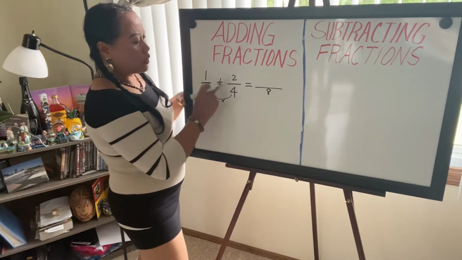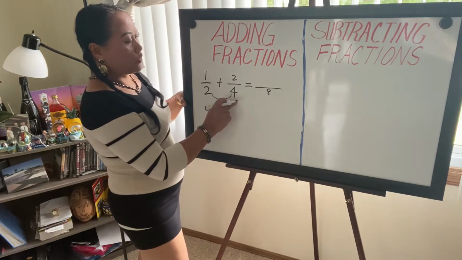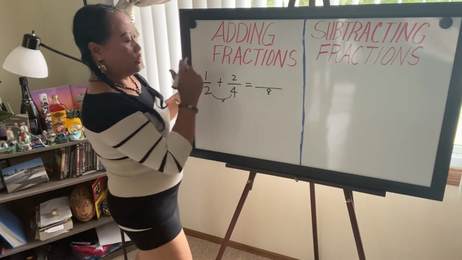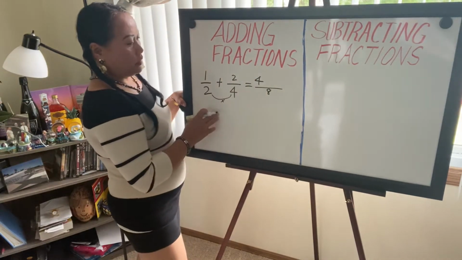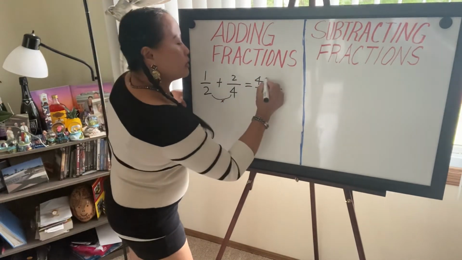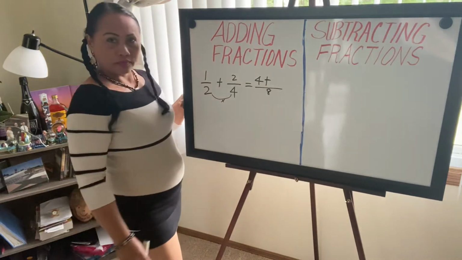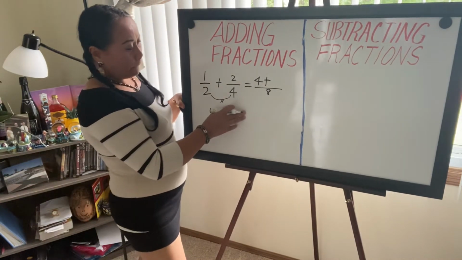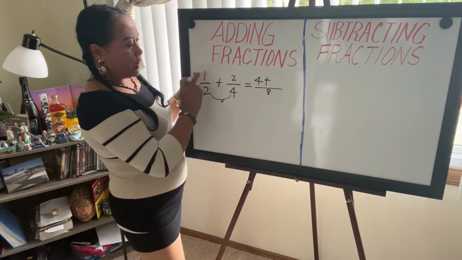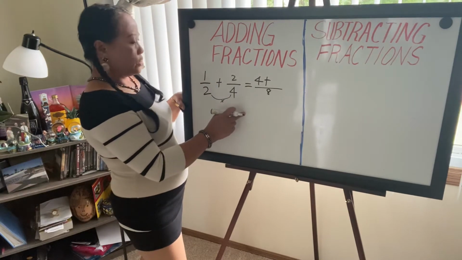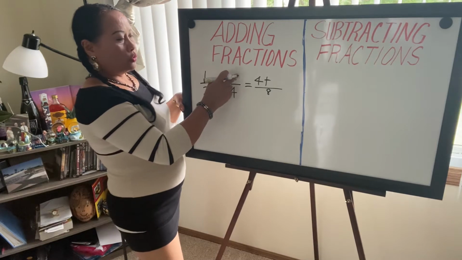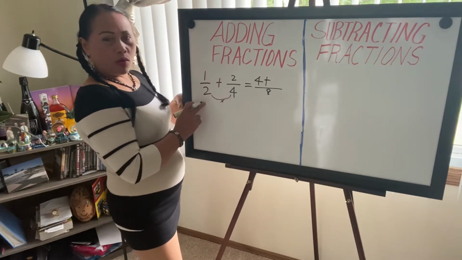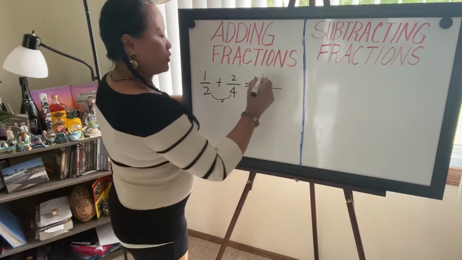So, 1 times 4 equals 4. We write here 4, and then put the plus sign. And then, after multiplying 1 times 4, you multiply this side. 2 times 2 equals 4.